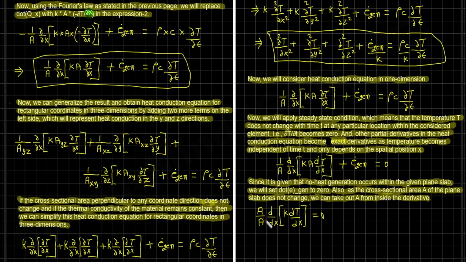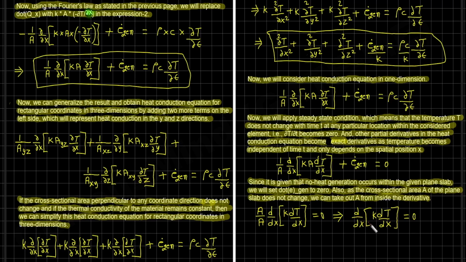Now we would further simplify it by cancelling out A from both the denominator and numerator. Right, so after simplifying this differential equation, we get this differential equation.